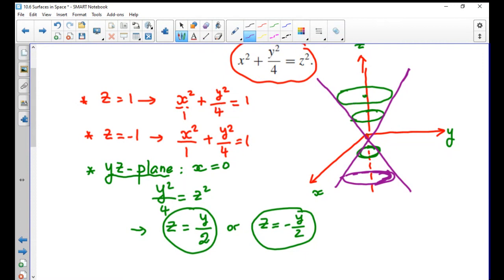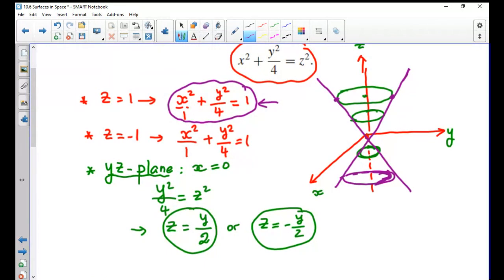When you graph this equation, it's an ellipse which goes through y equals plus or minus 2, like this point, and x will be plus 1 and minus 1, so you have this ellipse, which is there.